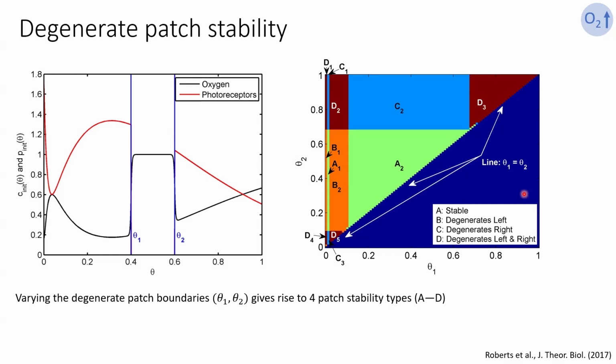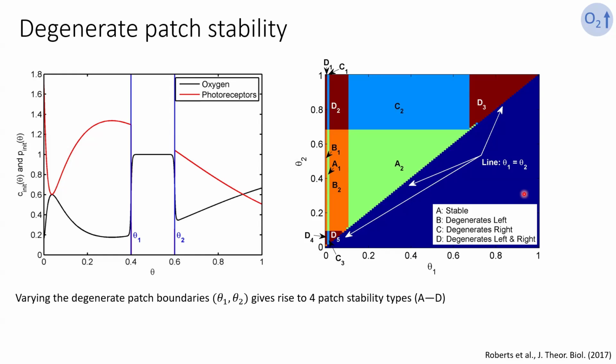So it needs to be high enough that a healthy retina remains healthy, but low enough that it's not at choroidal levels. That gives you a window in which it can sit. Once it's within that window, the qualitative behavior of the system is roughly the same, and you can characterize how variation of C crit would influence that. But basically, it doesn't really matter too much what the value is within that window, in terms of what I'm going to tell you today.